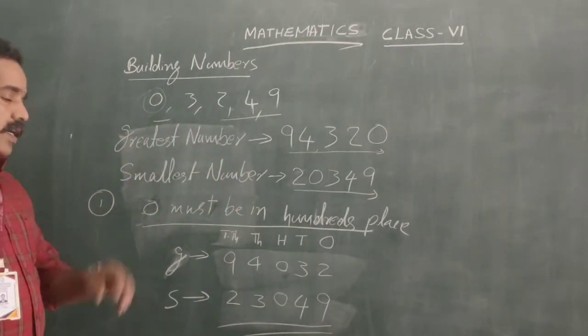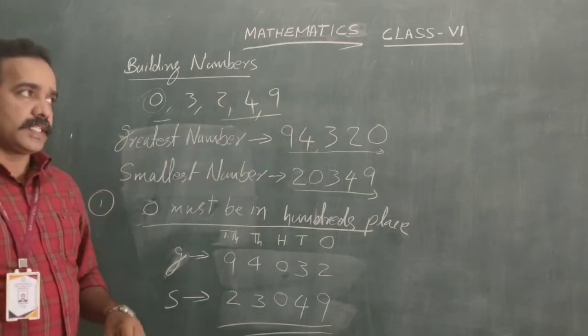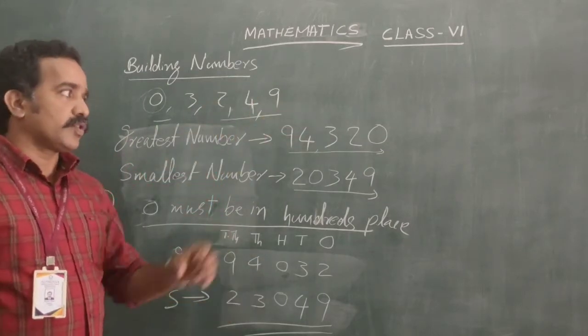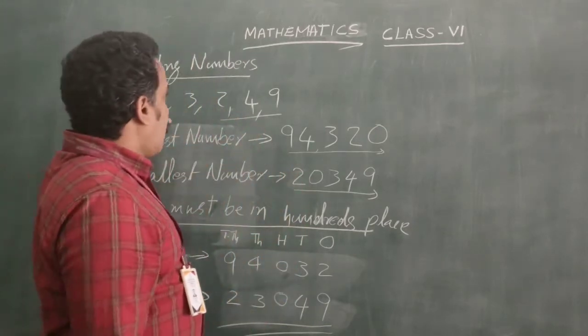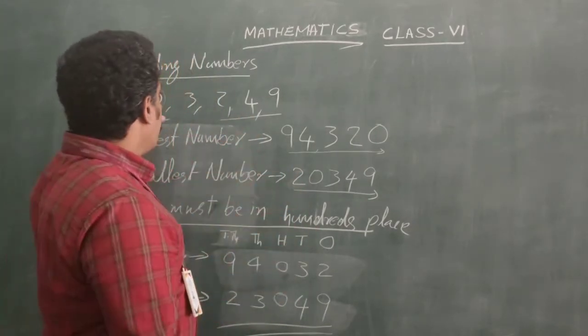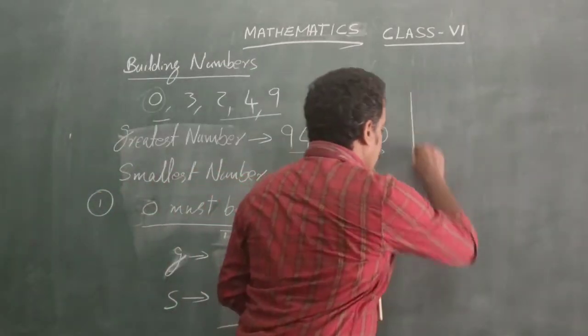This is one condition. Maybe suppose more digits are there. Suppose one question is there: make the greatest number using these 5 digits. The condition I am going to write here.